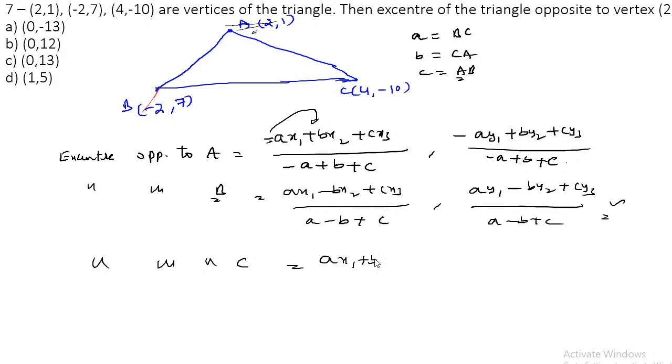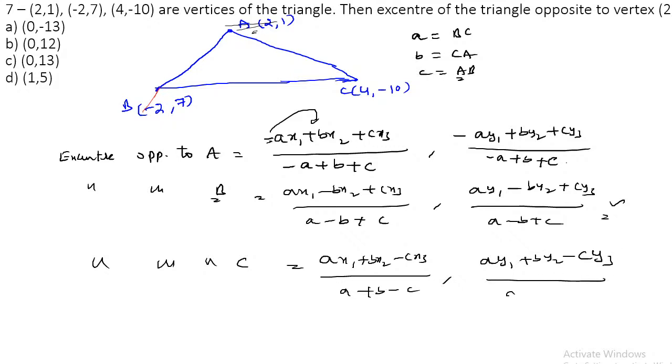AX1 plus BX2 minus CX3 by A plus B minus C, comma AY1 plus BY2 minus CY3 by A plus B minus C. So these are very simple formulas.